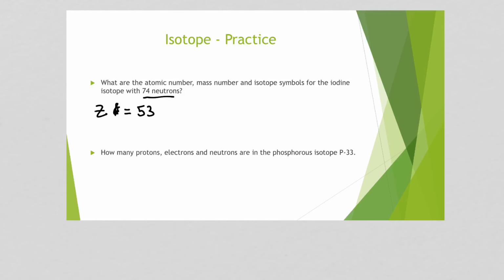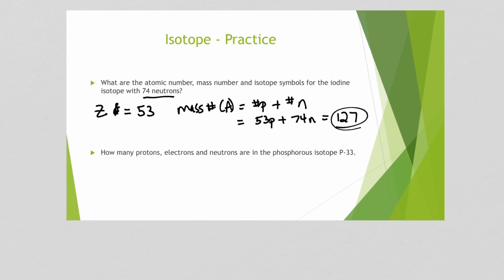We have a mass number. Remember, this is abbreviated capital A. It's going to be the number of protons plus the number of neutrons. So we know that's going to be 53 protons plus, in this particular isotope, we have 74 neutrons. So if we add that together, that's 127 as our mass number.